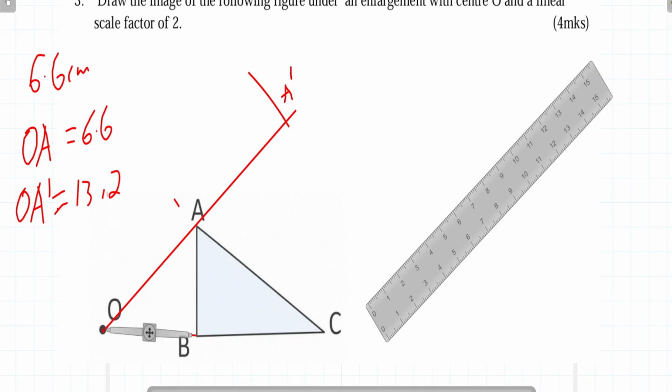So we know it is 5.2, so OB prime will be, OB is 5.2, OB prime will be 5.2 times 2 which is 10.4. Yeah, 10.4. So from there to here, 10.4. From O to B prime, 10.4.